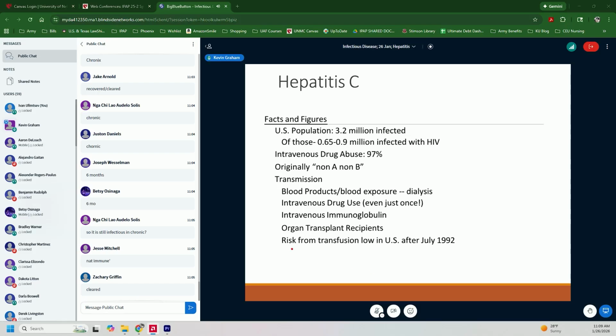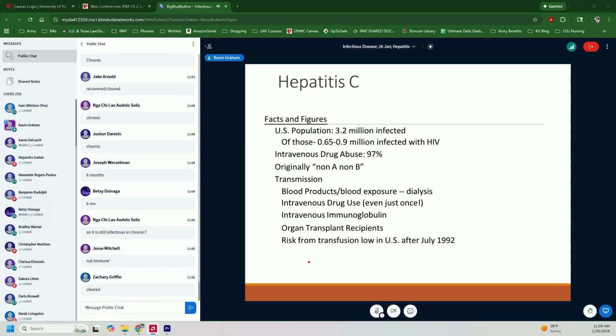If you'll look at the very two bottom sub-bullets here, organ transplant recipients and transfusions in the U.S. after July 1992 is low risk. Before July 1992 is a little bit higher risk, and it's because of when hepatitis C first started being recognized as a condition, and that it was bloodborne, and that there was not a lot of good screening and protective measures for it.